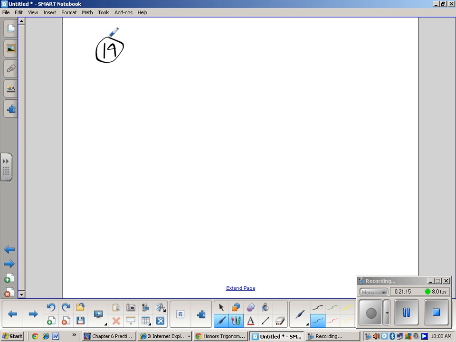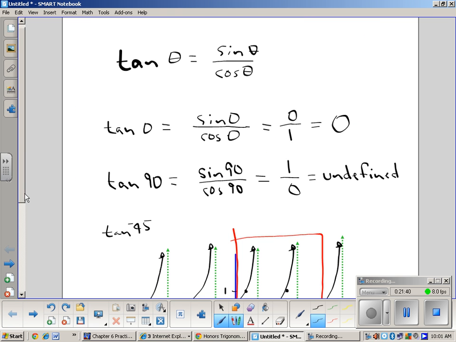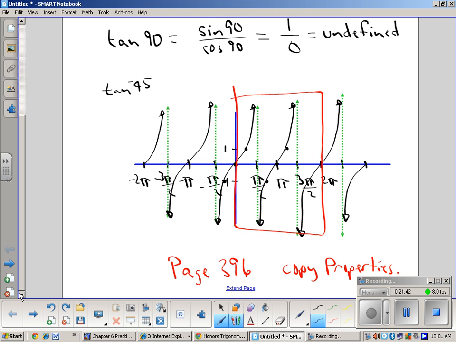Number 14 says find tangent of negative 8 pi. And they're saying look at the graph. So if we go back to look at the graph of tangent, the graph looks like this. Negative 8 pi.